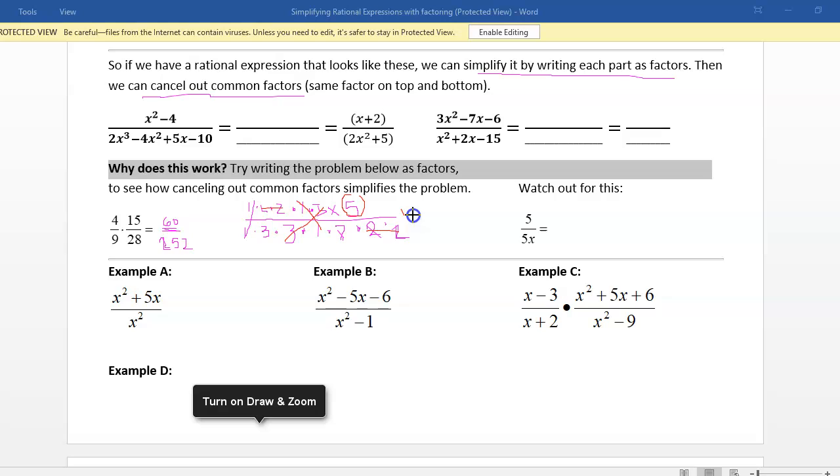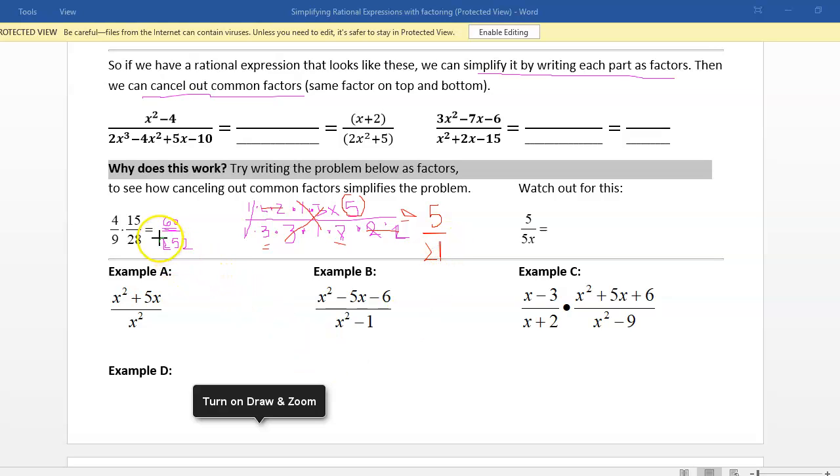And in the denominator, I'm left with a 3 times a 7. And notice that's just 21. So this simplifies to 5 over 21. Notice how I did it. I got the fraction in simplest form immediately.